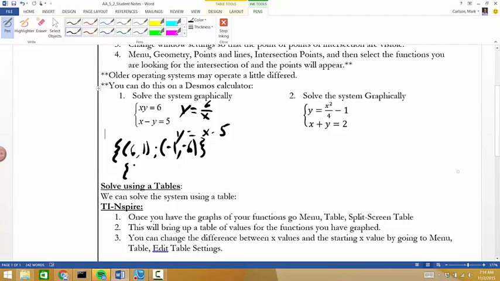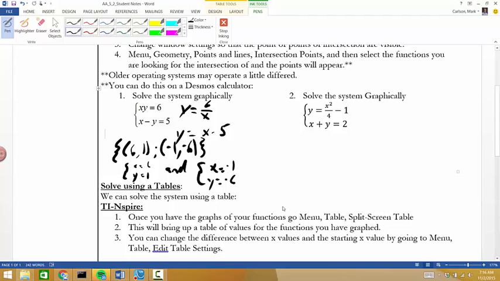You could write x equals 6 and y equals 1, and then another one like that, x equals -1 and y equals -6. Either one of those would work in terms of how we write our answers.